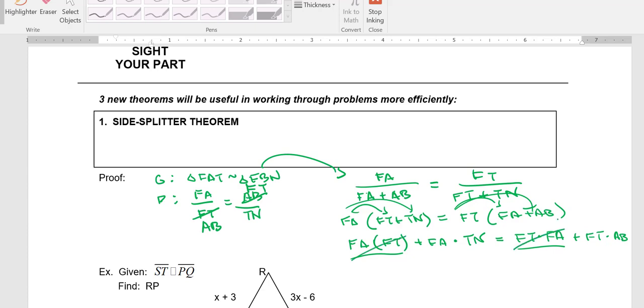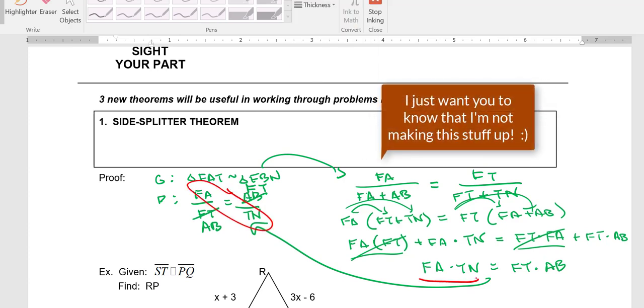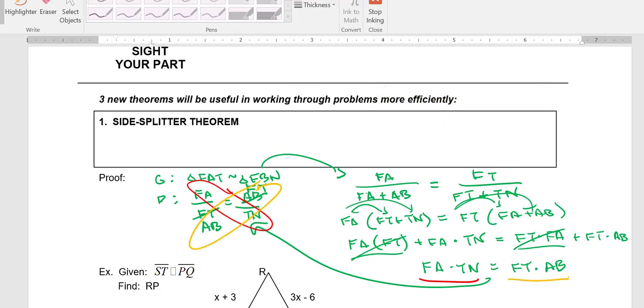Subtract this from both sides, you get FA times TN is equal to FT times AB. And hopefully you can all see that those are the same. Notice if I cross multiply here, I get this, and if I cross multiply here, I get that.